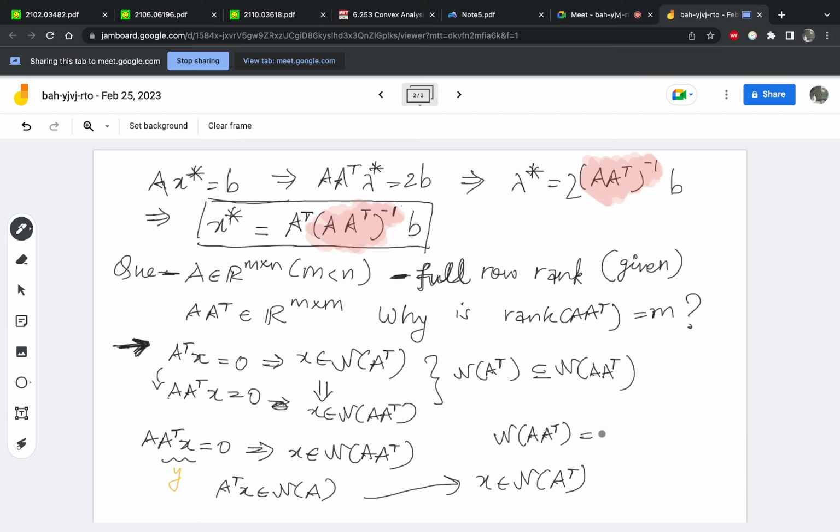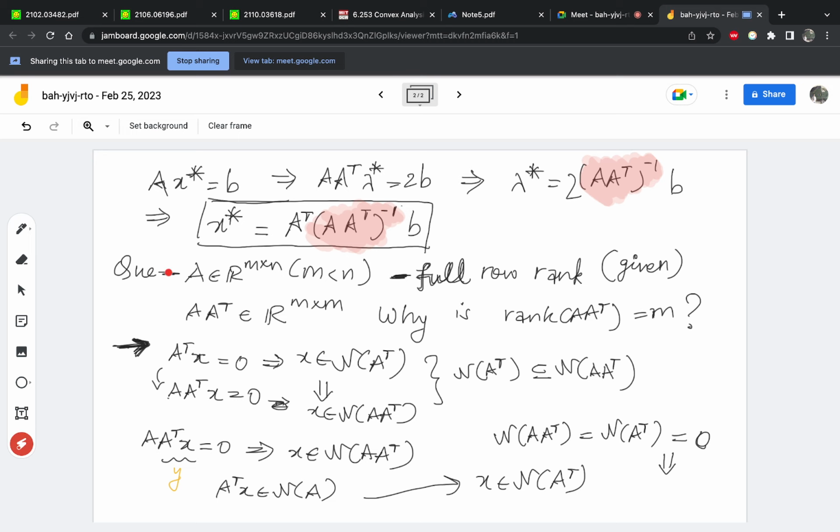Yeah. So ultimately, this will show us that the null space of A transpose A is the null space of A. So it will be 0, and hence, because A is n cross m, the null space is going to be what? 0, right? Because it's going to have full column rank.